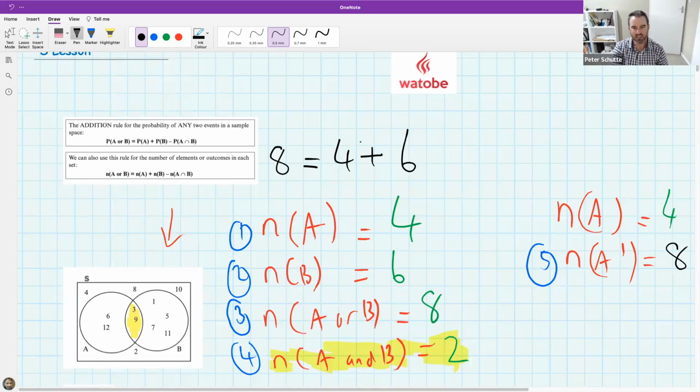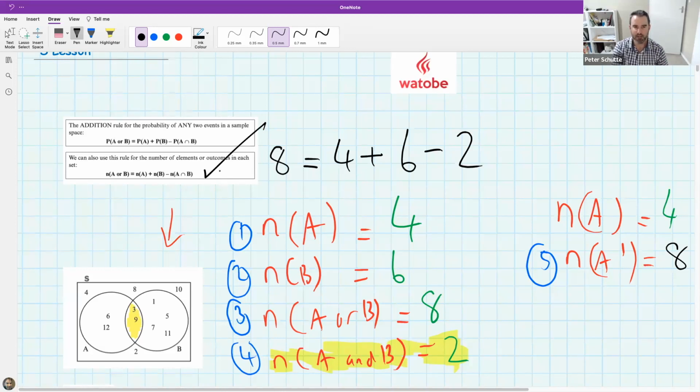Now, why is this greater? Well, the reason it's greater is when you add A and B together, you double count the middle region, the intersection. And because you've counted it twice, you have to take away the number of items that are in that intersection, which is 2. And so that's why this thing does work.